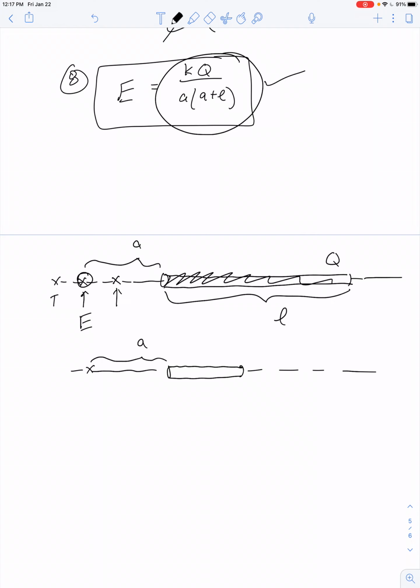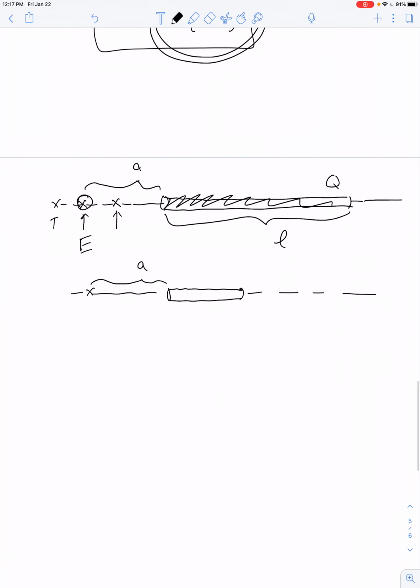Well, it's still the same formula that applies here. Let's take the ridiculous case of shrinking the rod down. Let's shrink it down so much that we can approximate it as a point charge. Then wouldn't we expect the electric field right here just to be kq over a squared?